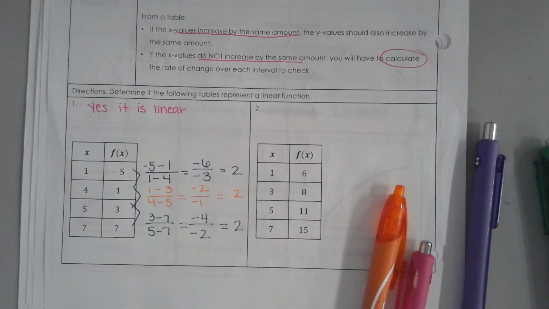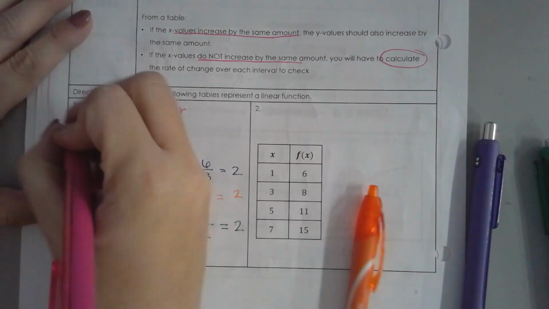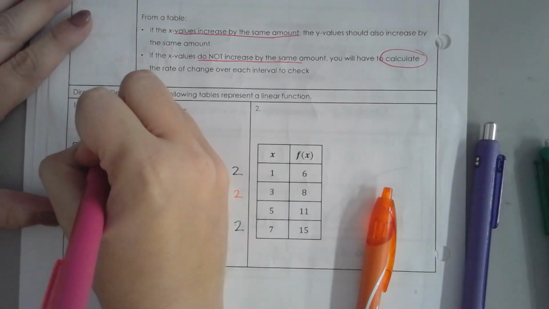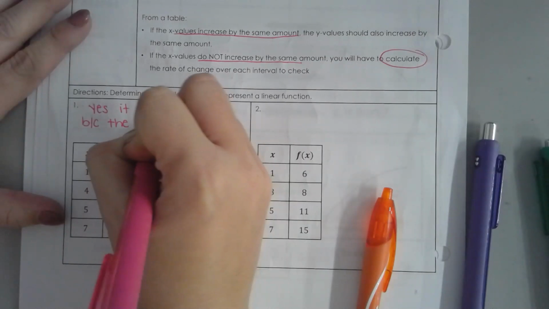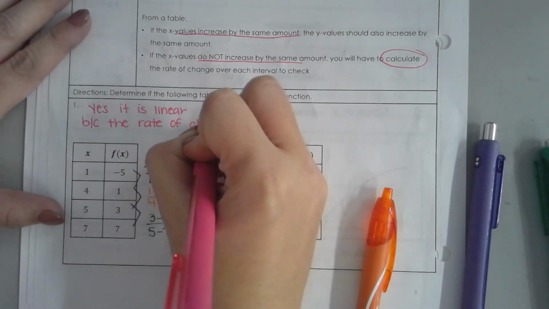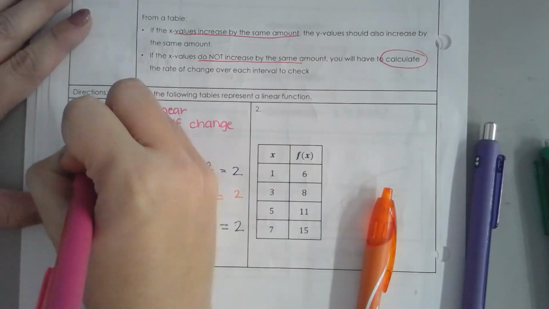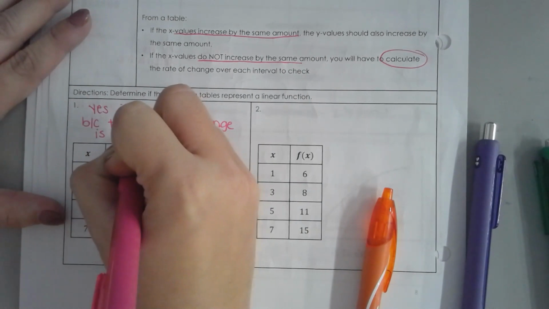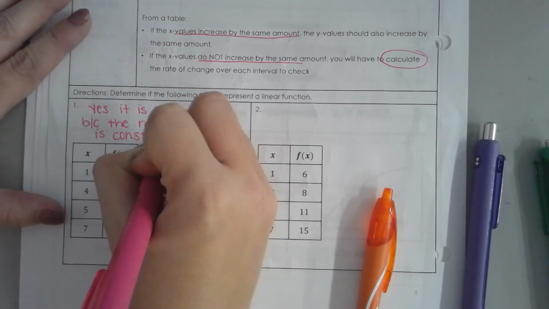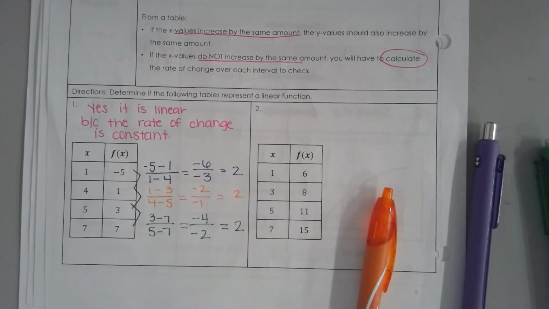For linear, it's typically going to be because the rate of change is constant. There's another one that I will write on another example. Okay, so you kind of see both of those. But you need to know that linear and rate of change is constant go together.